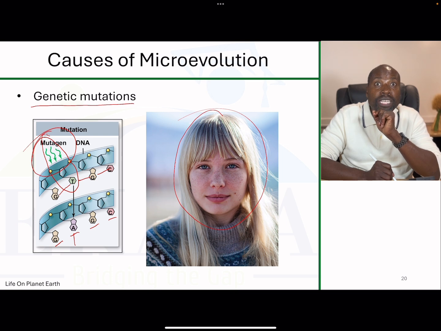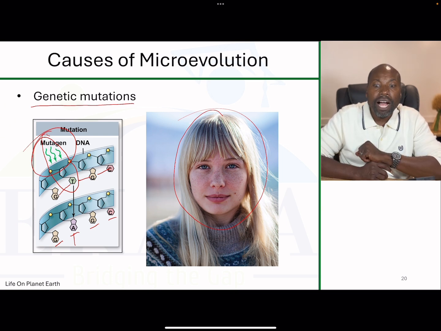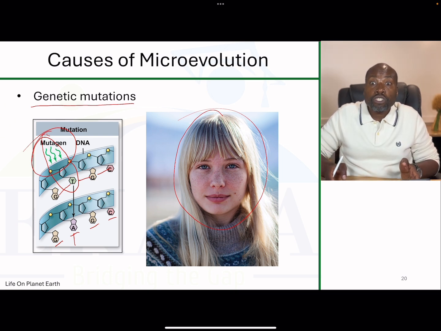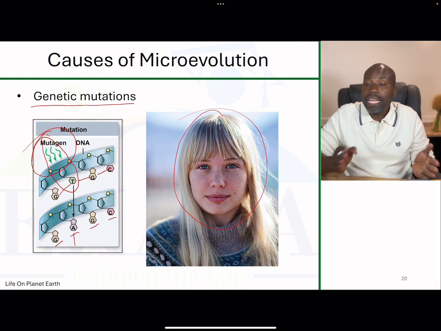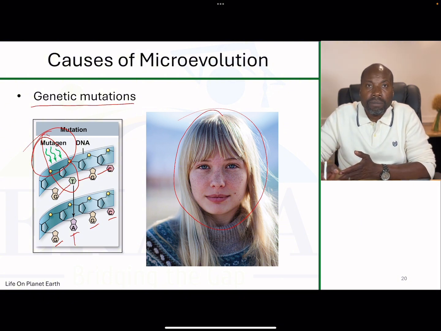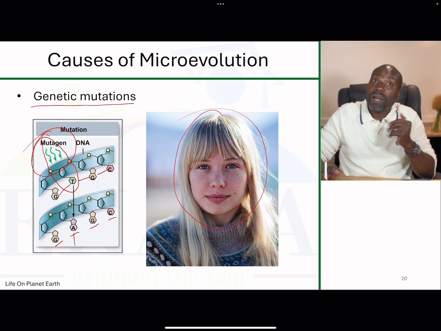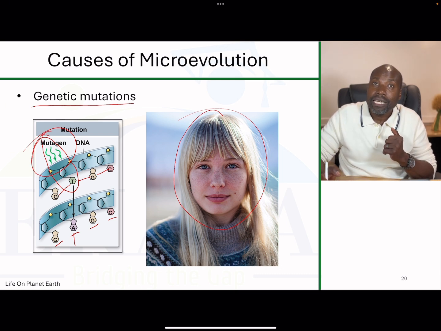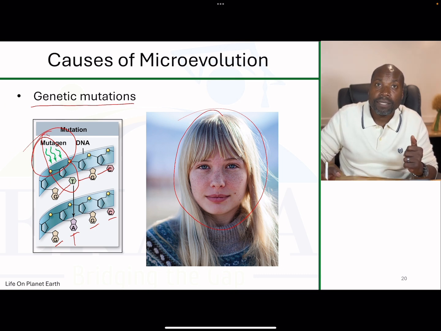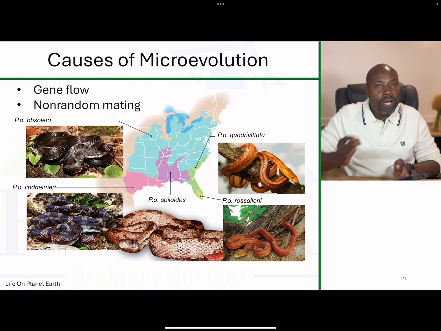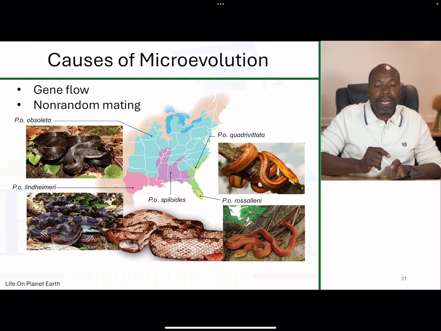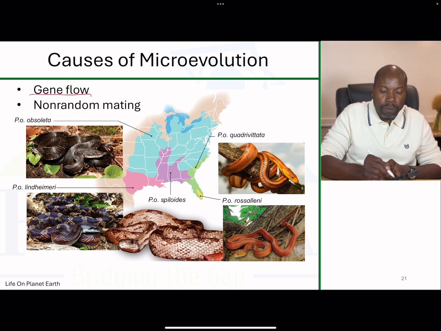This one single mutation can be enough, for instance, for someone to be lactose intolerant, right? While everyone else is digesting lactose, that one single person with the mutation is going to be lactose intolerant, okay?